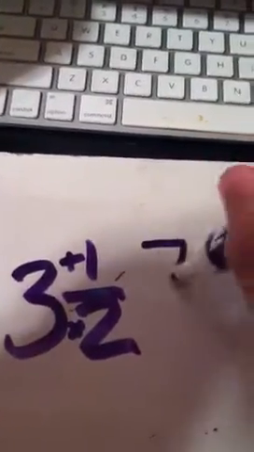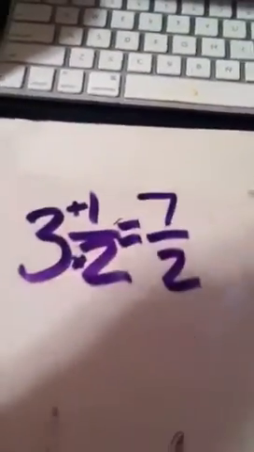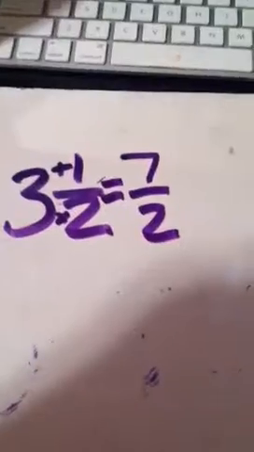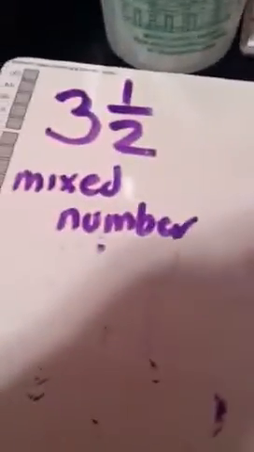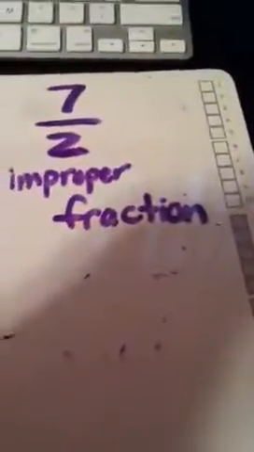And then, using your order of operations, remember that multiplication comes before addition. You're going to multiply the 3 times the 2 first, which is 6, and then add the 1, which is 7. And then you're just simply going to slide your denominator over so that it's 7/2. So those are the two different ways you can go from mixed number to improper fraction.